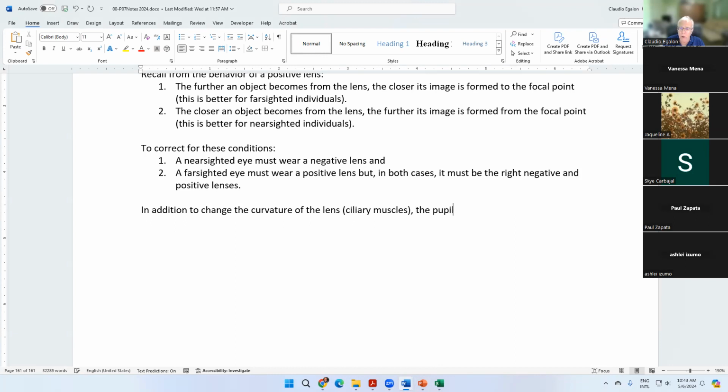The pupil of the eye also can be changed in diameter to let more or less light pass.